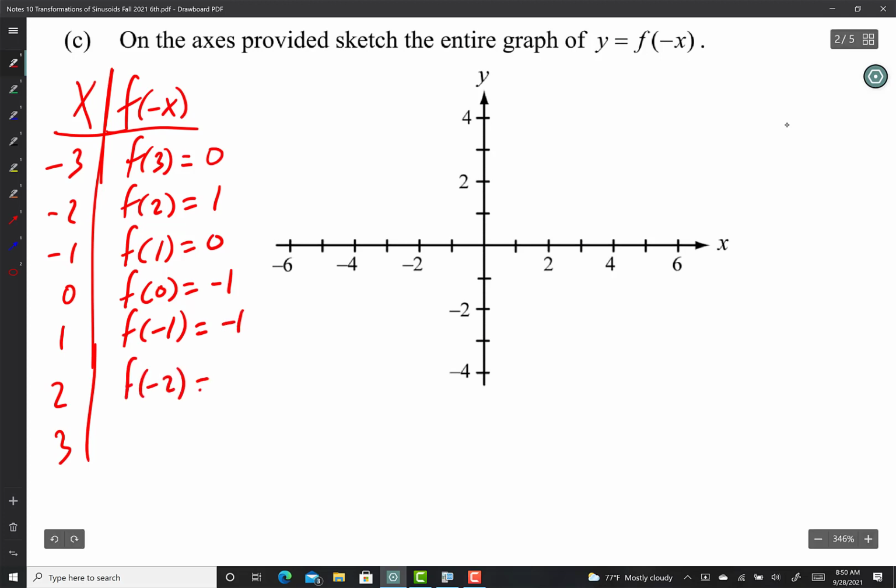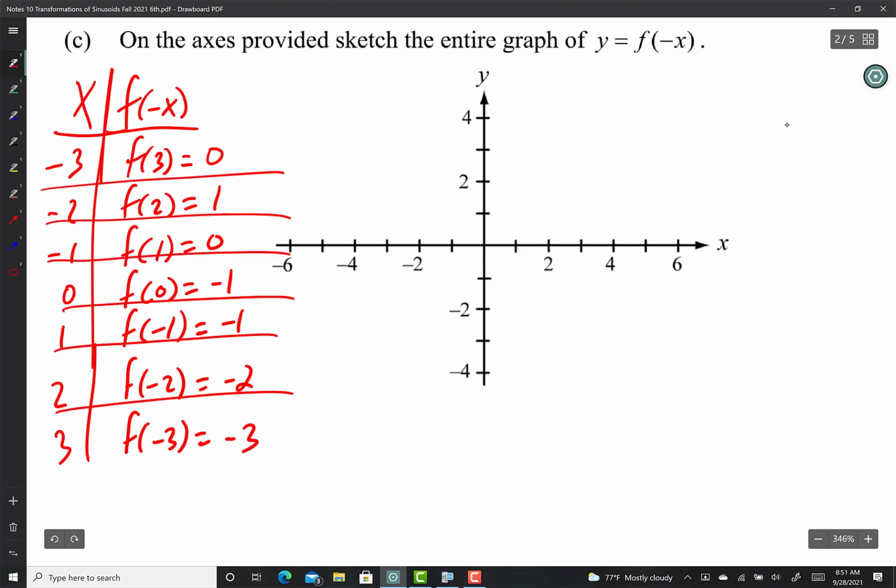F of negative 2 was negative 2. And f of negative 3 was negative 3. Plot the points. Negative 3, 0. Negative 2, 1. Negative 1, 0. 0, negative 1. 1, negative 1.